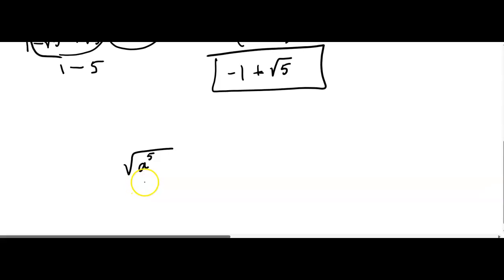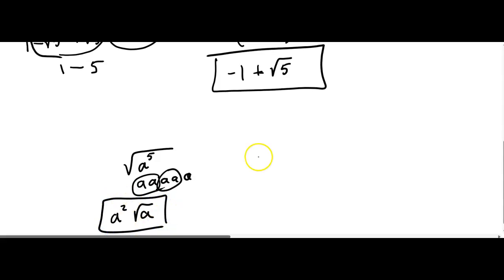We said, oh, well, it's like a. So 1, 2 pairs, so a squared times the square root of a. That's fine. But now let's say you have the square root of a cubed. So a, that's 1 a on the outside and then 1 a on the inside.